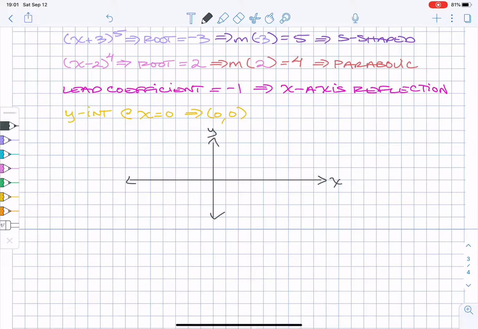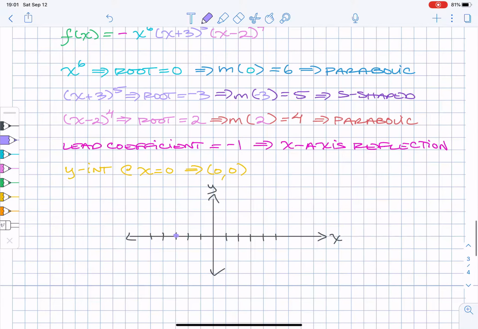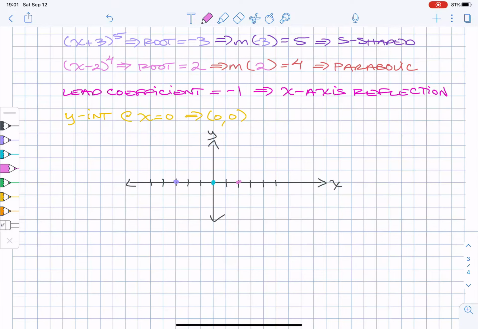So let's do 1, 2, 3, 4, 5. Okay, so the roots I have are at negative 3, that's purple, at 0, that's blue, and at 2, that's pink.